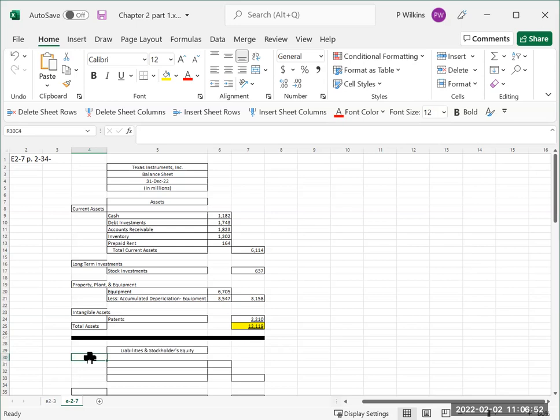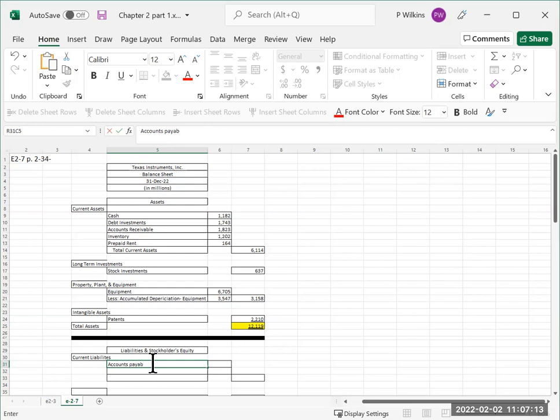And then the first section that we list is the current liabilities. And so if we go and we look, we're going to see that there's accounts payable. So accounts payable is 1,459.